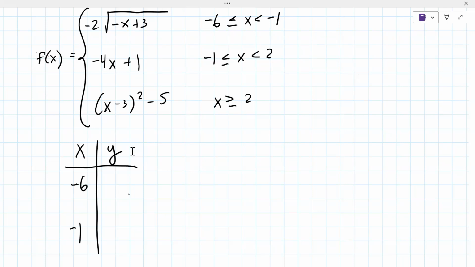Negative 2 times 3 is a negative 6. It's negative 6. Good. Same thing for negative 1.